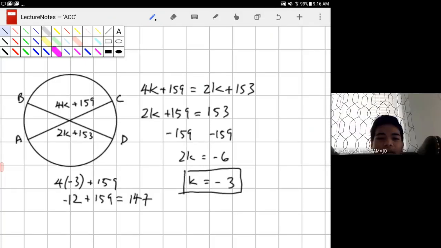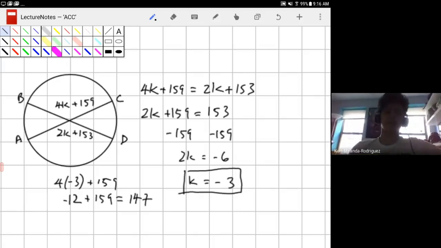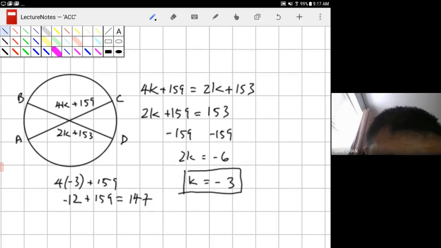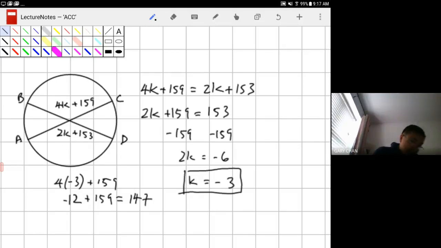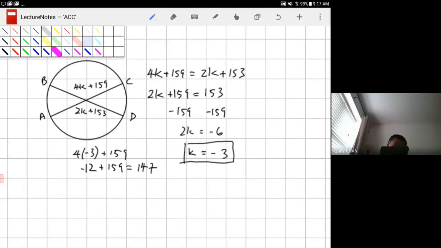It's the same concept, the same numbers we just got. We already know what K is in this case. So all we have to do is figure out what BDC is. Suggestions on what to do in this case? So BDC is going all the way around, right?